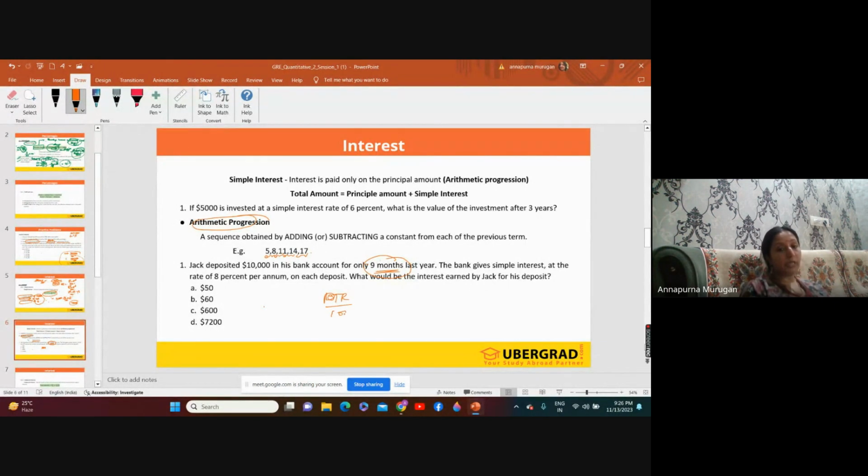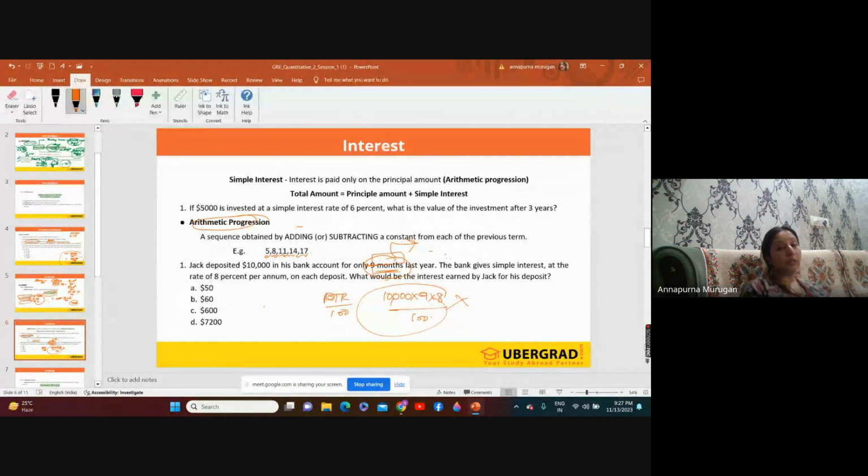Students get confused: they take 10,000 into 9 in the place of time, and then they wonder why they didn't get this question correct. That is because here the time is in terms of months, not years.